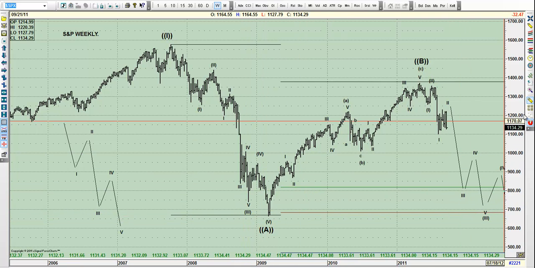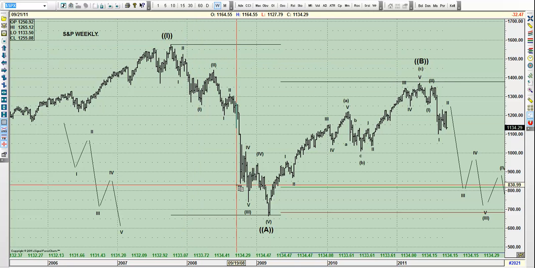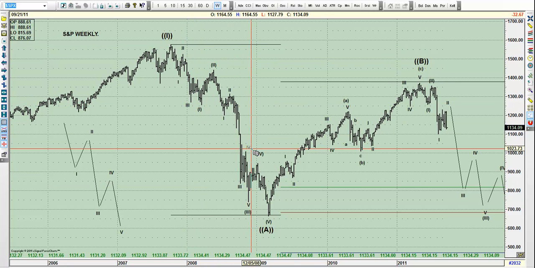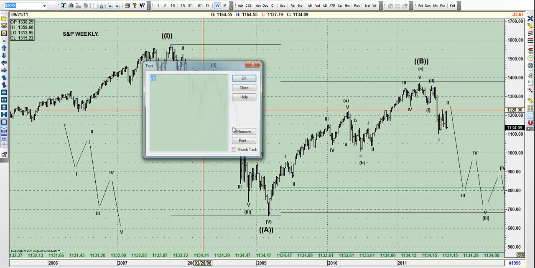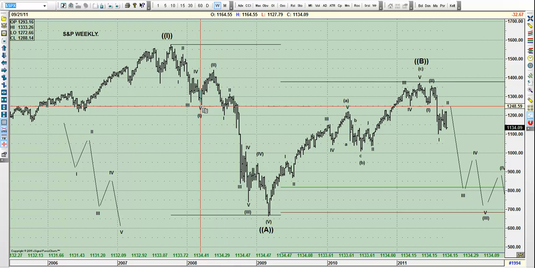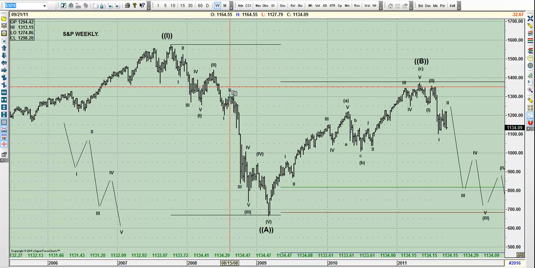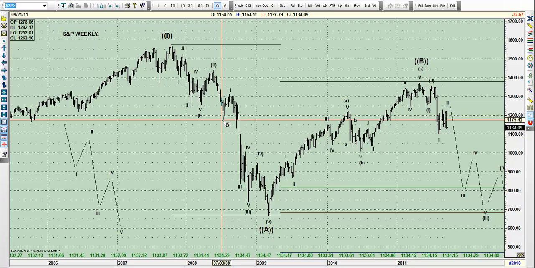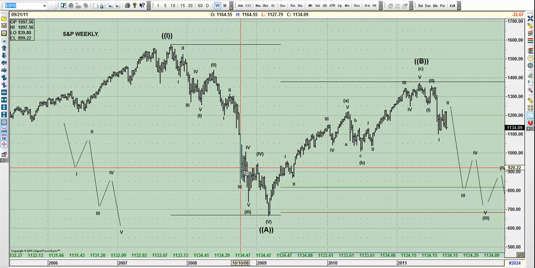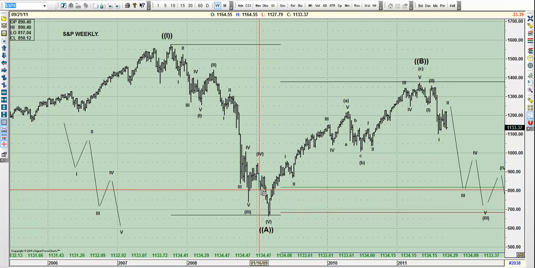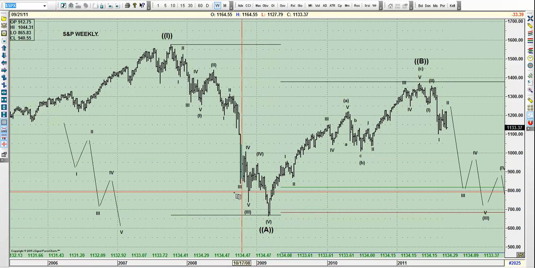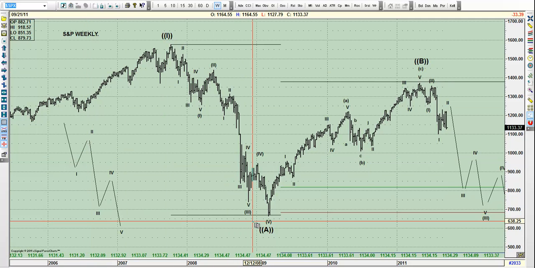Now, if you take a look at the subdivisions, you're going to see that wave 1 goes 1, 2, 3, 4, and then you got the wave 5, and then you can see that wave 3 also has 1, 2, 3, 4, 5, and in wave 5, believe me, there is 1, 2, 3, 4, 5. So that's a bear market motive wave.